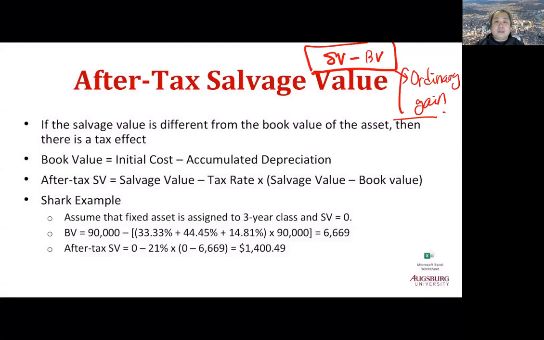From our example, let's assume that an equipment is assigned to the 3-year class and salvage value equals 0. You can use the embedded Excel spreadsheet. So let's click it.